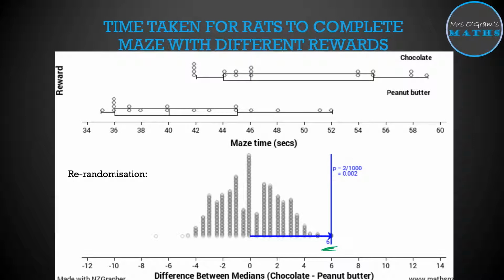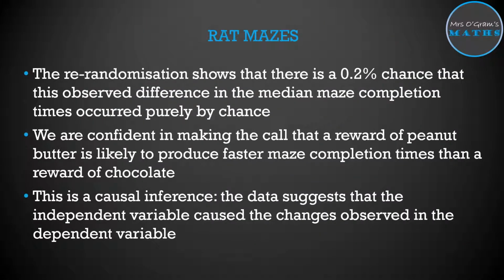So that's right on the extreme of things, which means that it's highly unlikely this happened by chance alone. And we can make the call that giving the rats the target of peanut butter improved their maze time score. And this is how you'd write it up. I'll just give you a minute, pause, read it, click play.